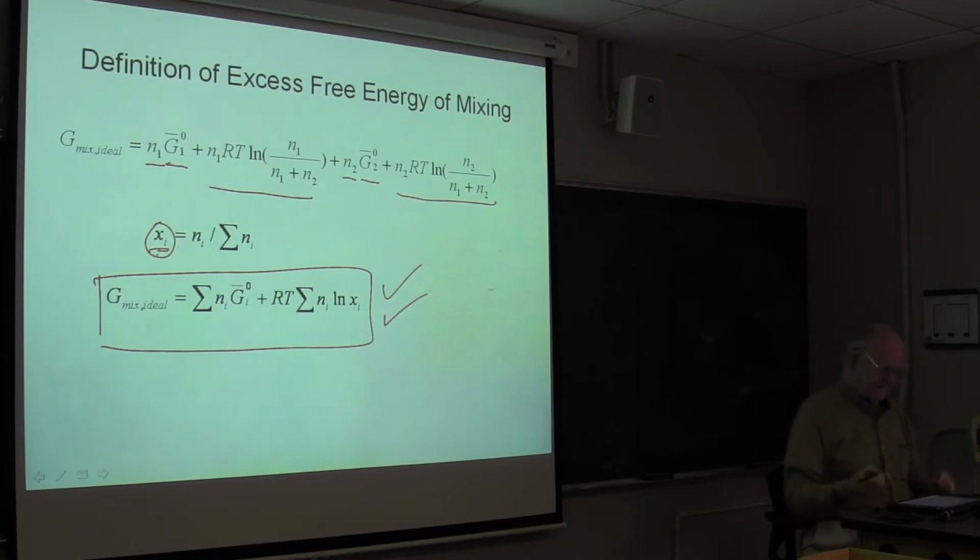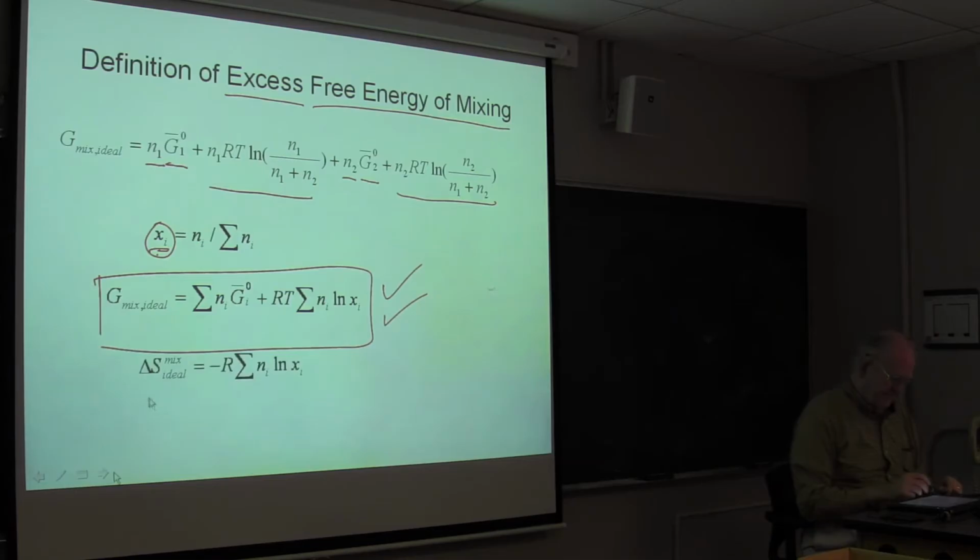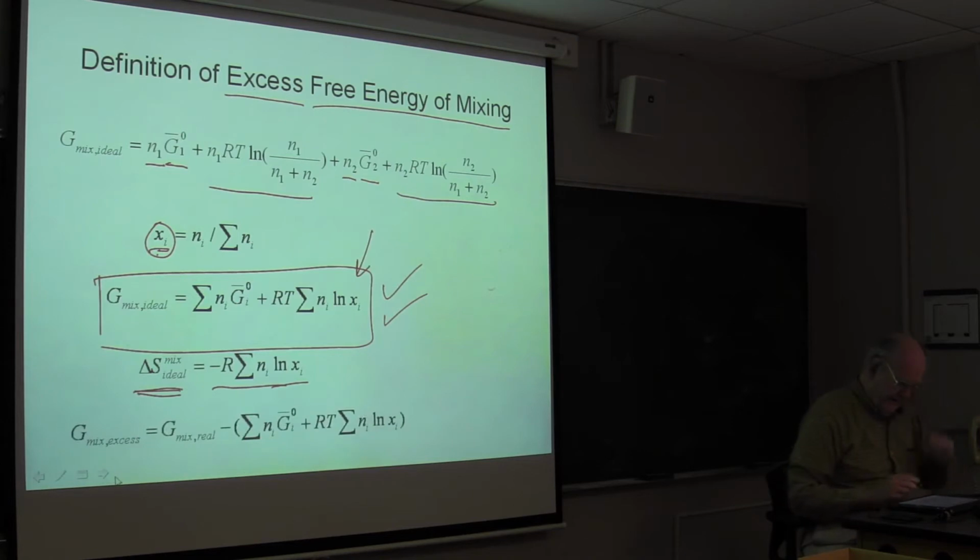Okay, now we get on to the title here. What is the excess free energy of mixing of a real liquid? This is simply a definition. Whoops, I'm sorry, I should have told you about the ideal entropy of mixing, and it's simply minus R sum Ni log Xi, and you can easily calculate that from this by simply taking the temperature derivative. The excess free energy of mixing is the free energy that you observe when you mix them together, and then you subtract off the ideal free energy of mixing.